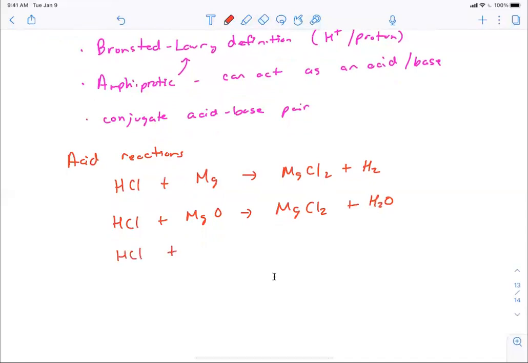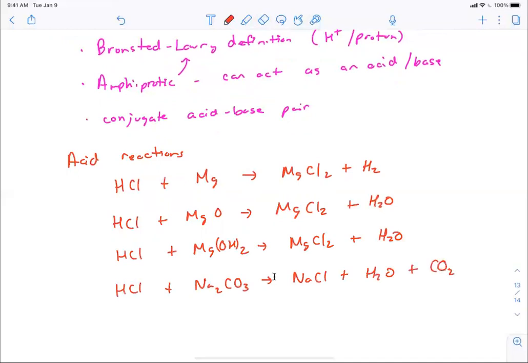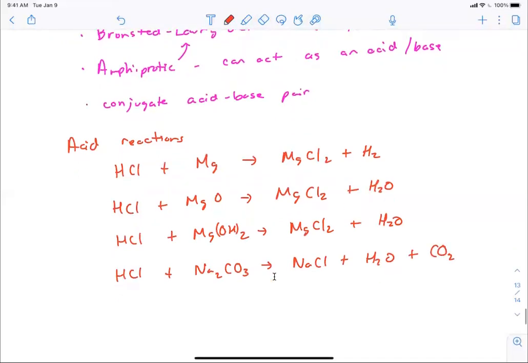They can react with metal hydroxides to also form salt and water. They can react with carbonates or hydrogen carbonates to form salt, water, and carbon dioxide. And you can write this as a hydrogen carbonate as well to form a similar compound here. It just balances differently.